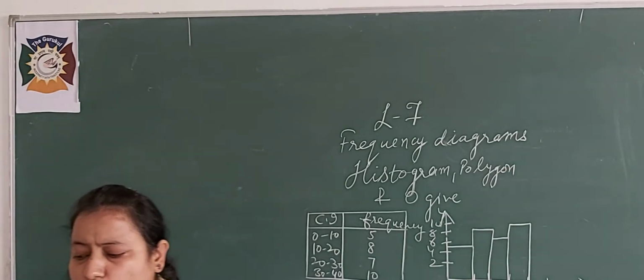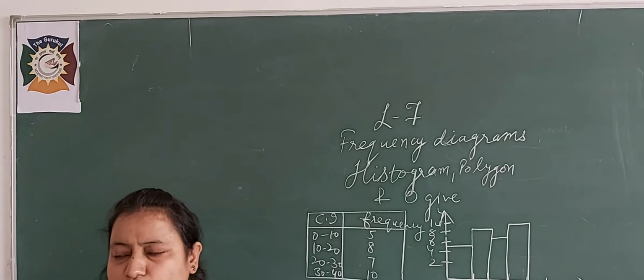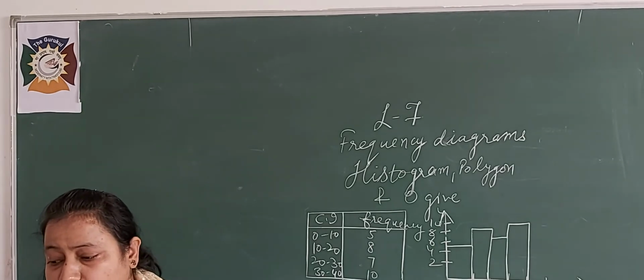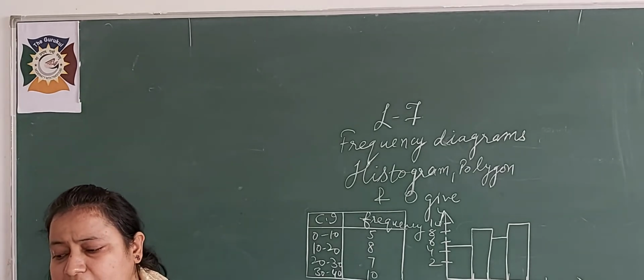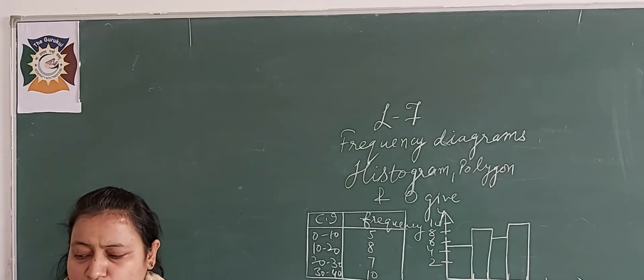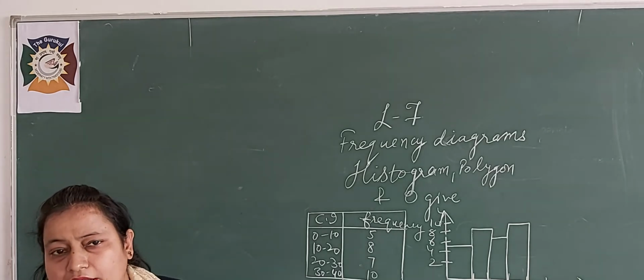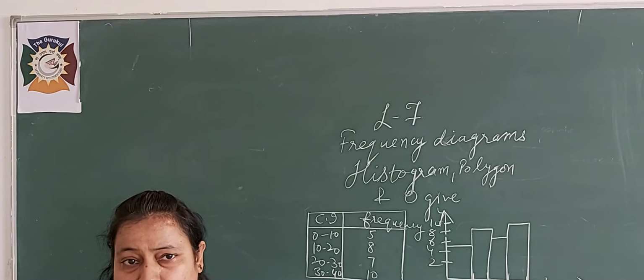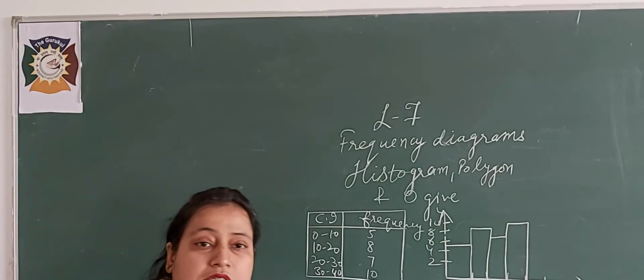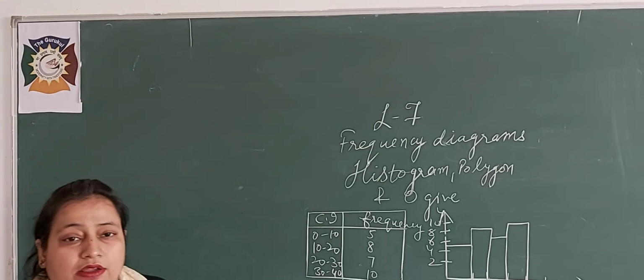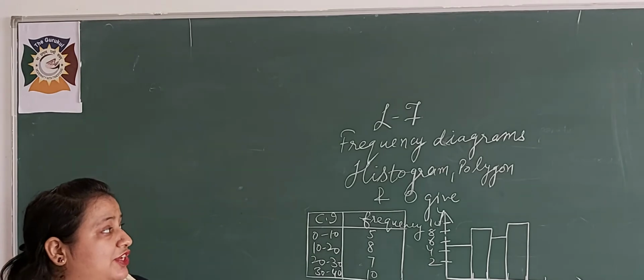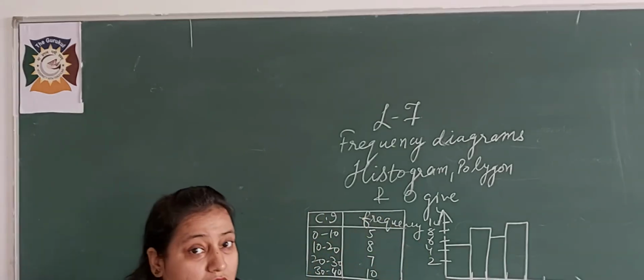Histograms are drawn only when data are in the form of grouped or frequency distribution, that is, a frequency distribution of a continuous series. You can never draw it for a discrete series. Okay, beta? That's why the name of the chapter is frequency diagrams.